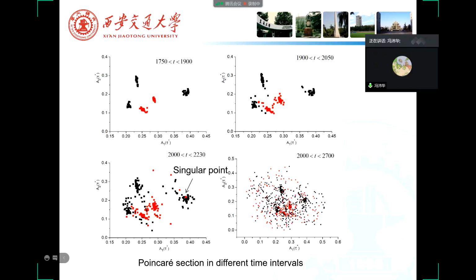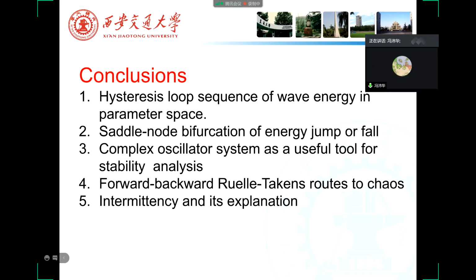This process can also be illustrated in the Poincare section in different time intervals, and here we prove this process numerically in the Poincare section.